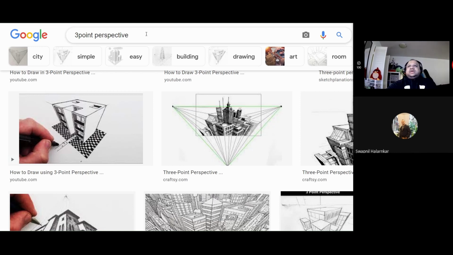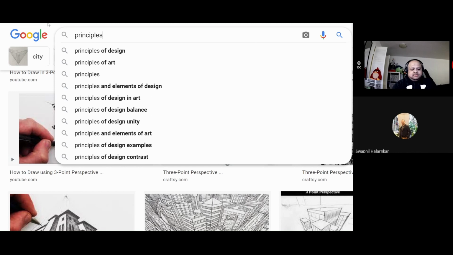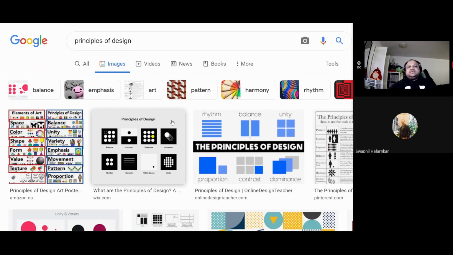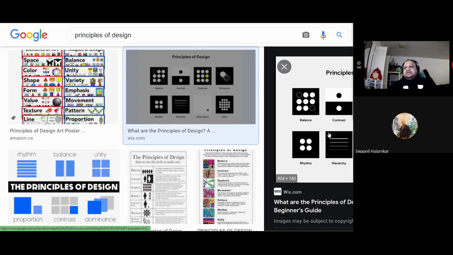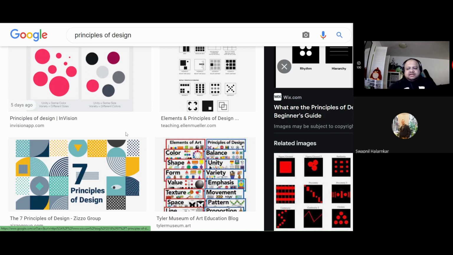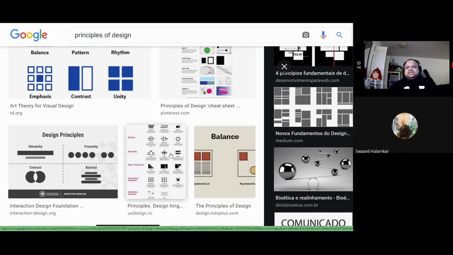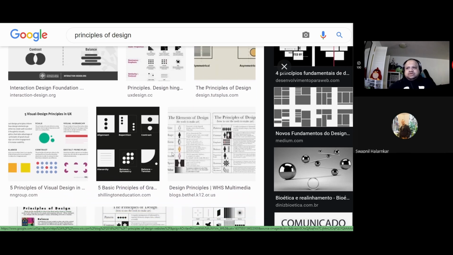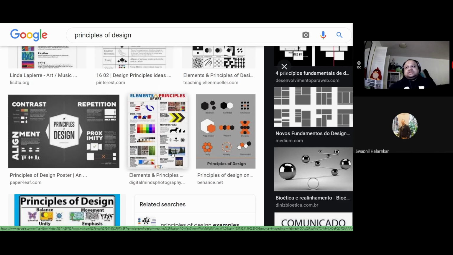Does anyone know the principles of design? Has anyone gone through the different principles of design? This is not covered much when people teach lighting, because it's more about art, but it does help a lot when you know it.